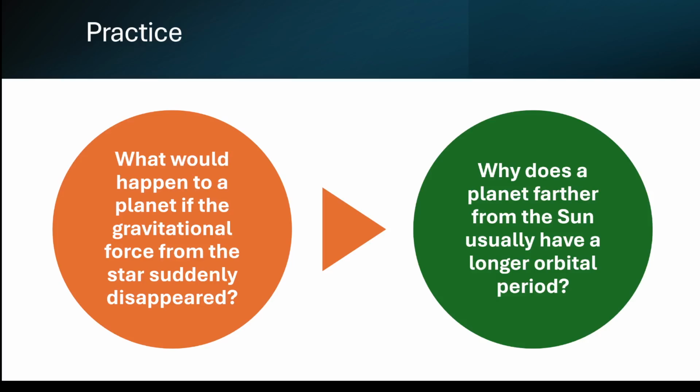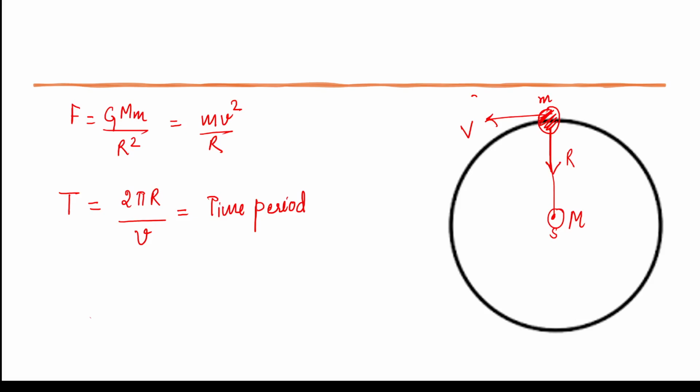So if the gravitational force suddenly disappears, seeing this one, if this force becomes zero, what is this force doing? It is changing the direction of the velocity. It comes here. Because of the force, the velocity changes its direction.